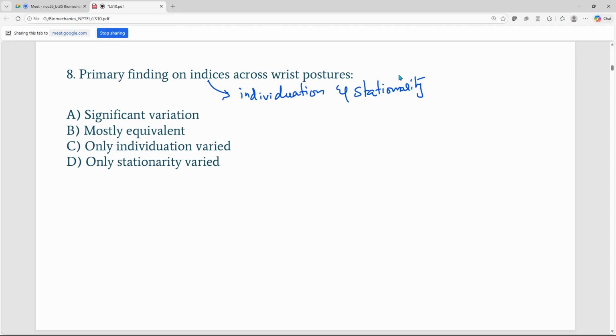Options are option A, they significantly varied across wrist postures. Option B, they were mostly equivalent across wrist postures. Option C, only the individuation index varied. Option D, only the stationarity index varied significantly.